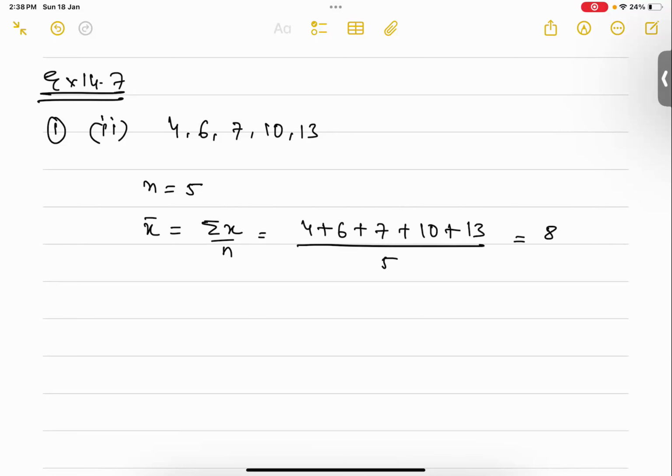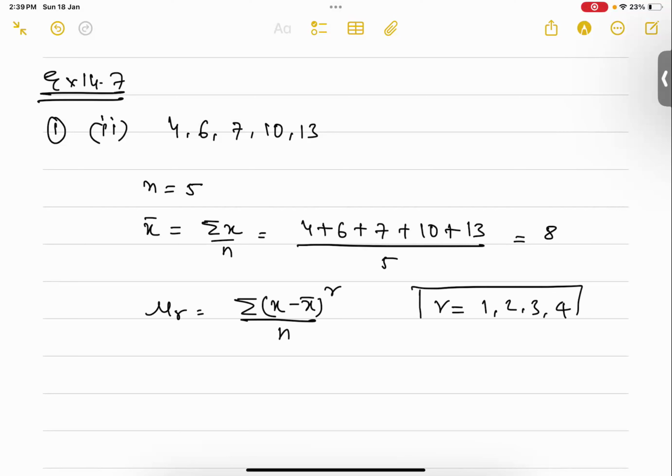Take r as 1, 2, 3, 4 in the formula. I'm going very slow. So let us learn how to calculate this. I'm using the same method as that of the textbook so that you won't get confused. Copy along with me.